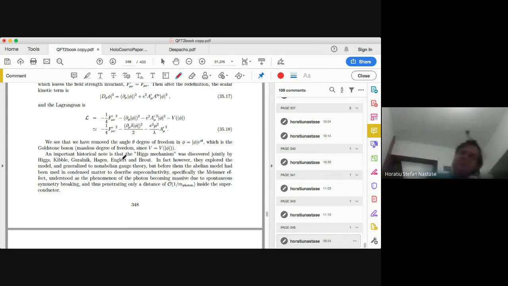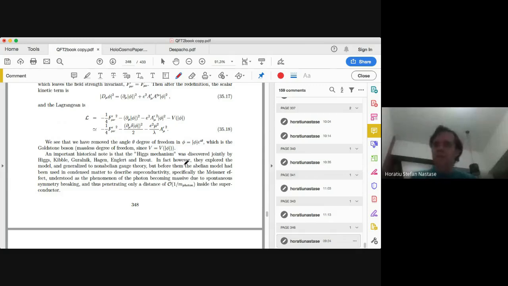Moreover, the Higgs mechanism itself refers more precisely to the non-Abelian gauge theory, to what we'll describe next, and to the application to particle physics.